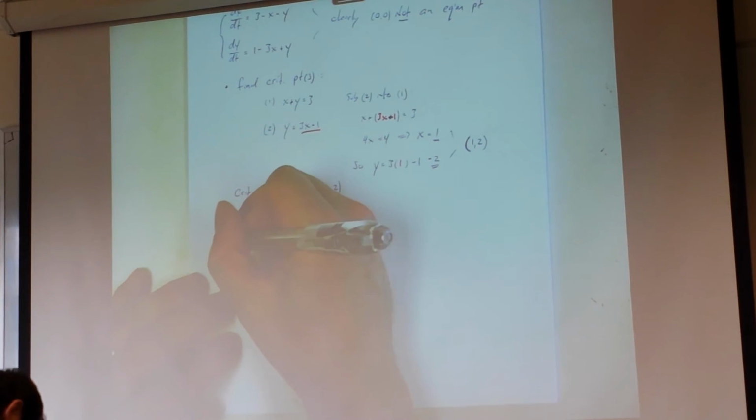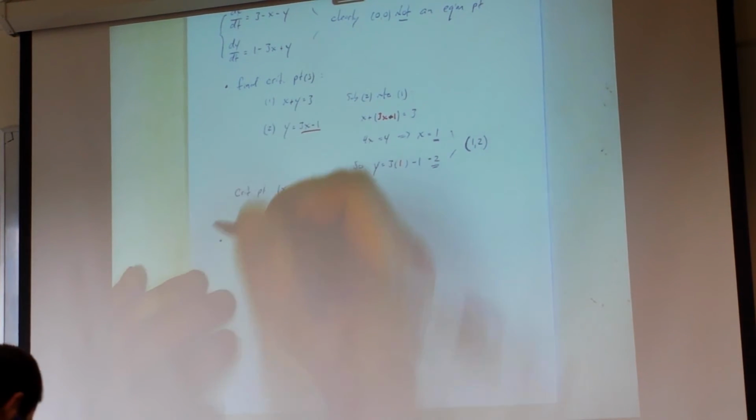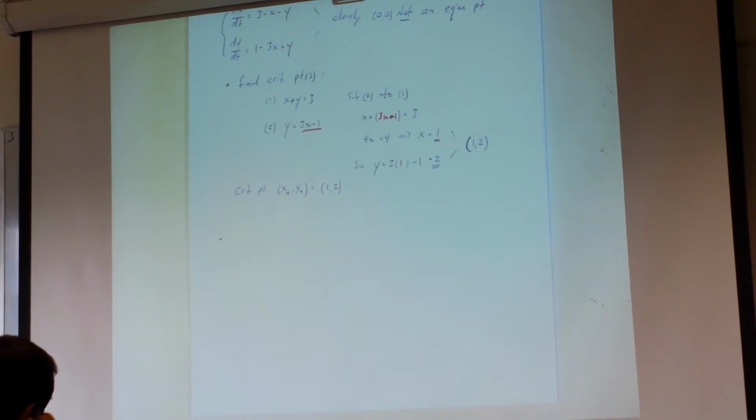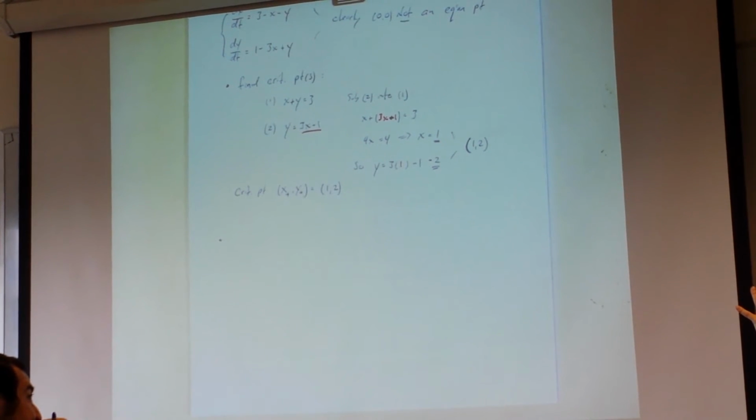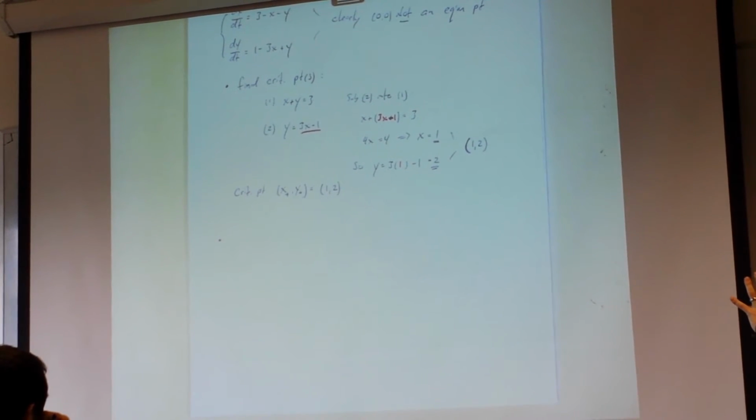I want to take whatever this phase portrait looks like and move it over, left 1, down 2, so that the critical point at 1, 2 will be the same critical point, but now at 0, 0. Same behavior.